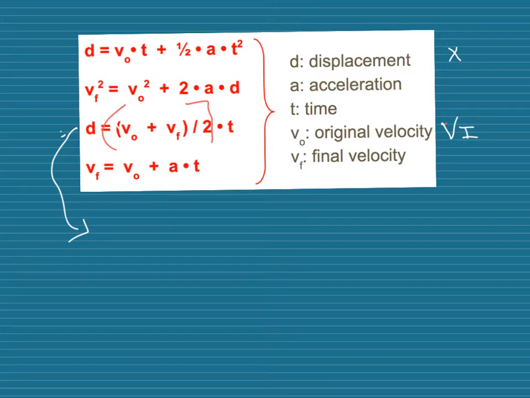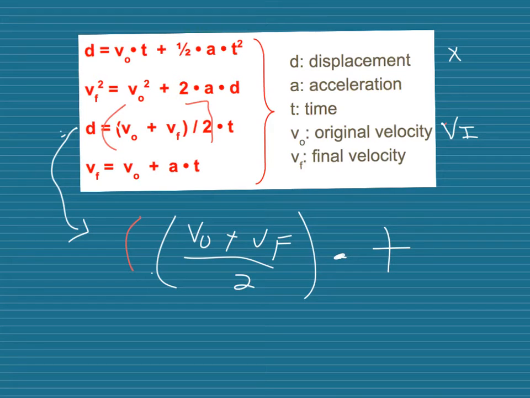You have to divide by 2 and then multiply by T. So I would rewrite that as: V0 plus VF divided by 2, and then multiplied by time.